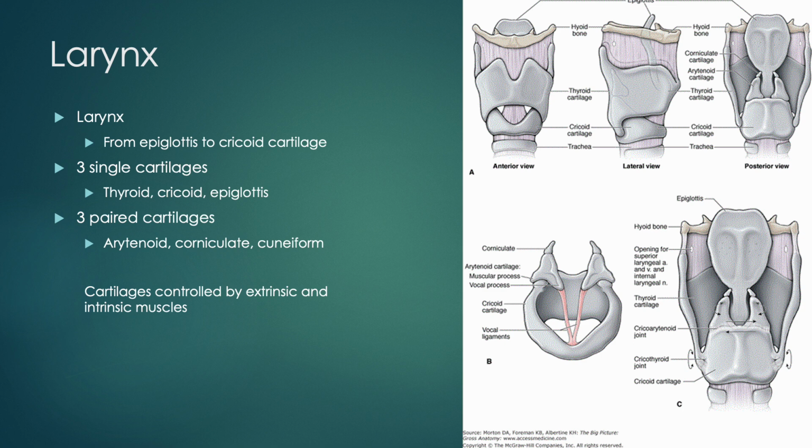You should know where your cricothyroid membrane is. You should be able to identify all of those. When you think about your muscle attachment, your extrinsic muscles anchor the larynx to the surrounding structures. Okay, while your intrinsic muscles control your vocal cord movements, and they work synergistically with the cartilages to protect the airway, regulate airflow, and produce sound. You need to know this.